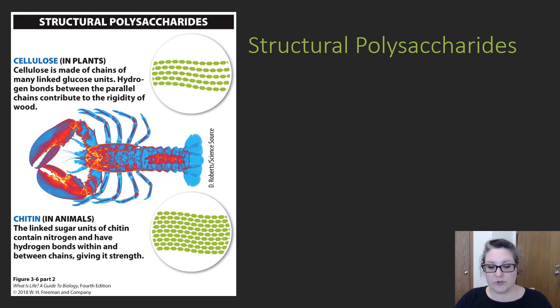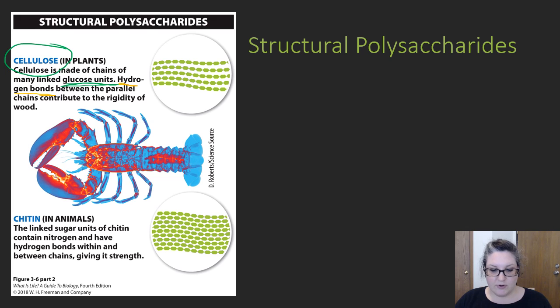Let's talk now about structural polysaccharides. Not all polysaccharides are used for fuel. Sometimes they're used for building blocks. For example, up on the top here we have something called cellulose. Cellulose is made of glucose molecules, interestingly, but we see that there are hydrogen bonds between the parallel chains.